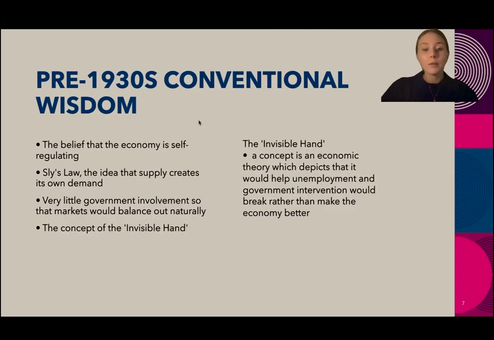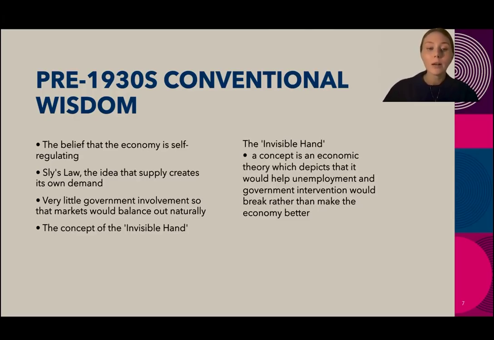The main idea of this was that the economy is self-regulating. If a recession were to happen, falling wages and prices would eventually restore full employment. This belief came from Say's law, which stated that supply creates its own demand.